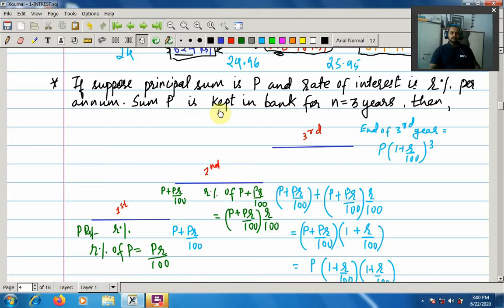Suppose P is kept in a bank for 3 years. Deliberately I'm taking n equal to 3, and in the end I'll write this 3 as n. I will generalize this formula. So then what happens? Let's see this time span.